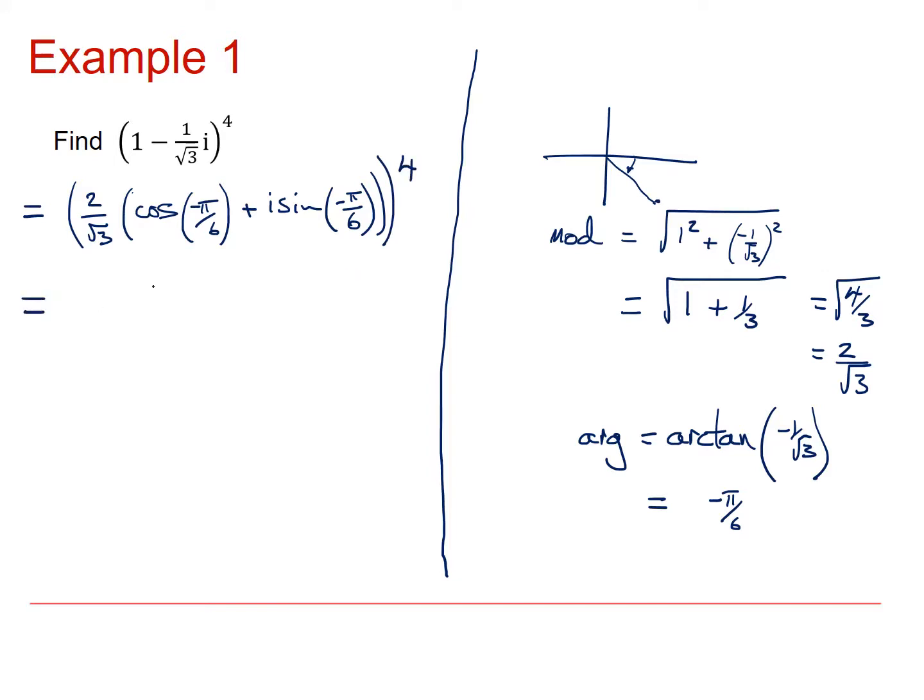Well, that's equal to 2 to the power 4 is 16, root 3 to the power 4 is 9, and then I'm going to get cos of minus 4 pi by 6 plus i sine of minus 4 pi by 6.